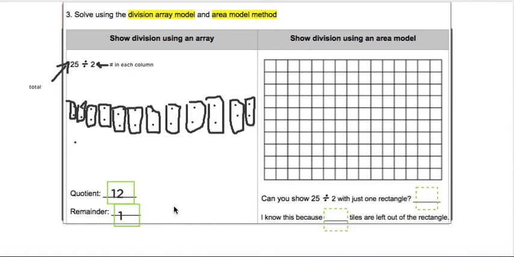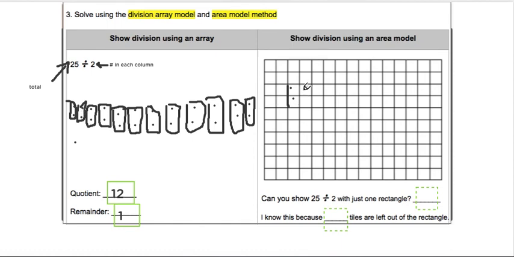Good job, 1. Now let's do the same thing for our area model. Remember, the 2 represents the number in each column. So, there's our first column. And how many columns did we make again? How many columns of 2 do we make in our array? Yeah, 12.